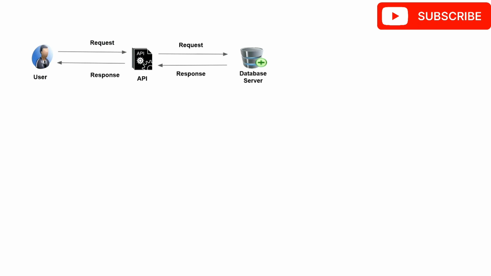This interaction allows functionalities like retrieving data from the database, performing CRUD operations, and much more. On top of it, web APIs are platform independent, which means clients from different devices and platforms can communicate with the same API. This makes them incredibly versatile and a crucial component in developing scalable and maintainable applications.